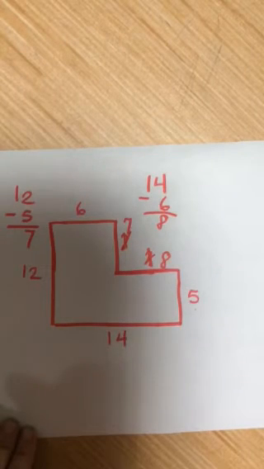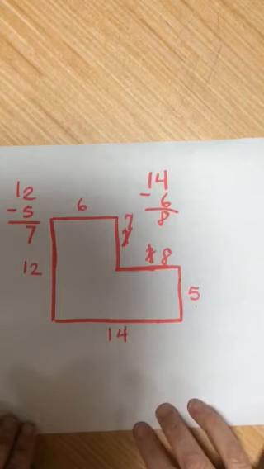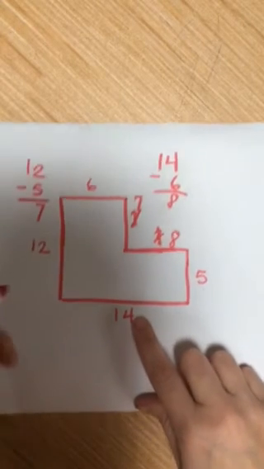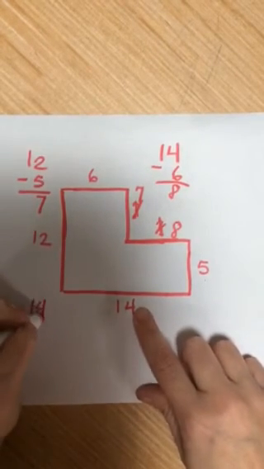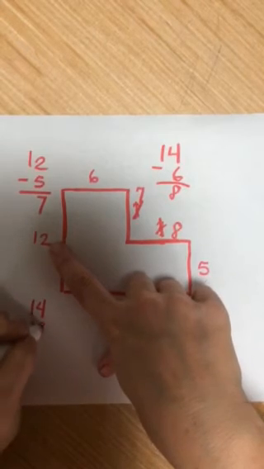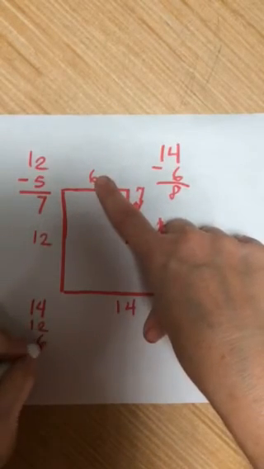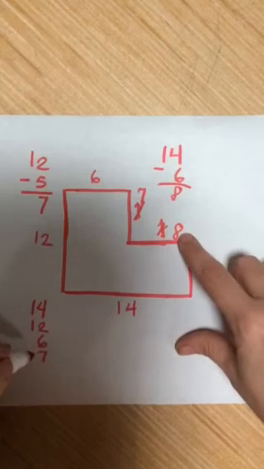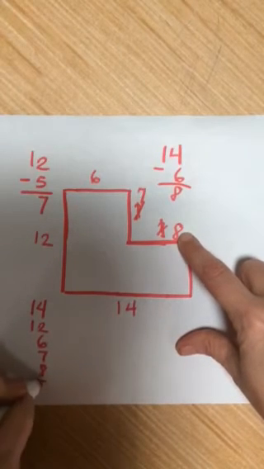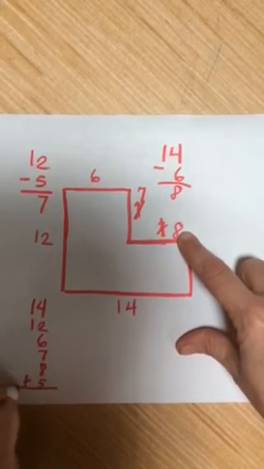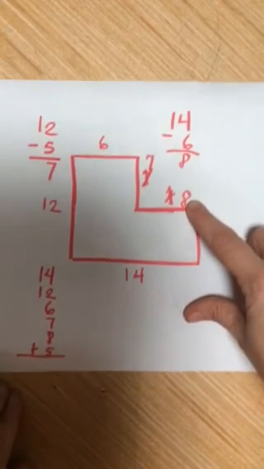So now, in order to find the perimeter, we're going to have to add up all the sides. So we're going to add up 14 plus 12 plus 6 plus 7 plus 8 plus 5. And we're going to add all those together to get the perimeter.